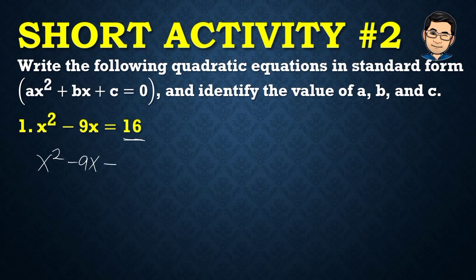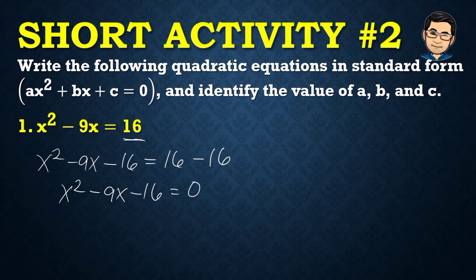That is minus 16 equals 16 minus 16. Rewrite: x squared minus 9x minus 16 is equal to 0, since 16 minus 16 is 0. Now, x squared minus 9x minus 16 equals 0 is written in standard form.